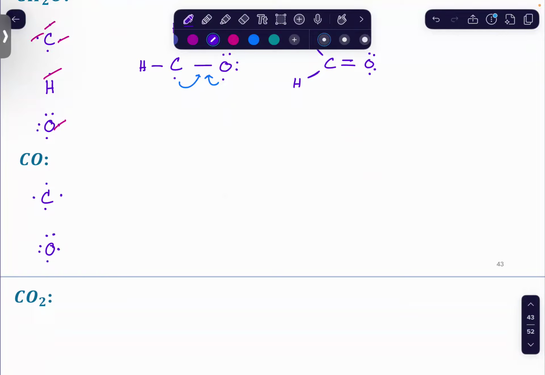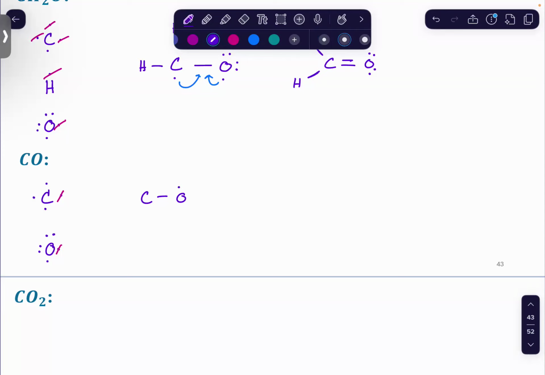Okay, so there's no central atom. So carbon needs to bond to oxygen. I used that location on oxygen, and I used one of the locations on carbon. Okay, so now let's replace what wasn't used.